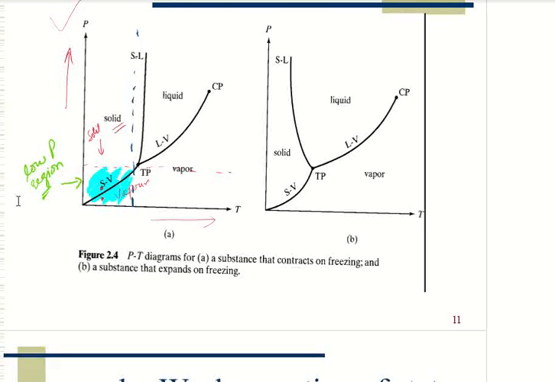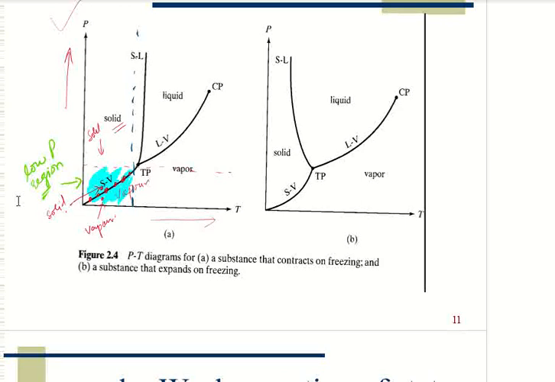Here it was vapor, and as soon as we increase the pressure a little bit, it became solid. And this line is a line of coexistence. It shows that if we have a combination of temperature and pressure that lies on this line, then we are on the coexistence line, a boundary between solid and vapor.